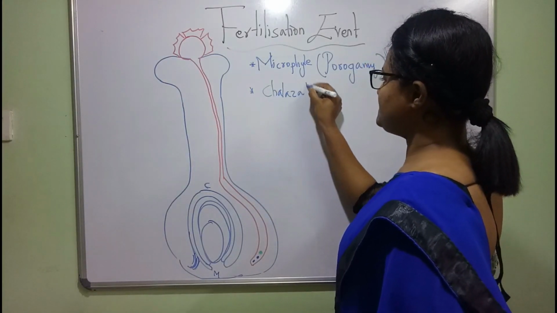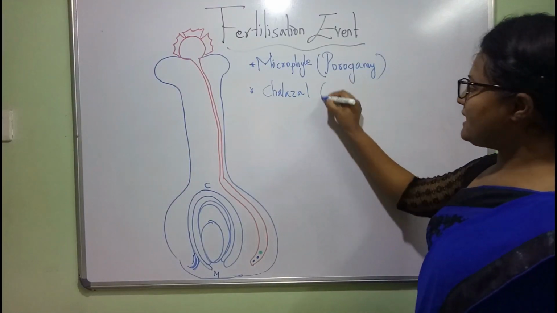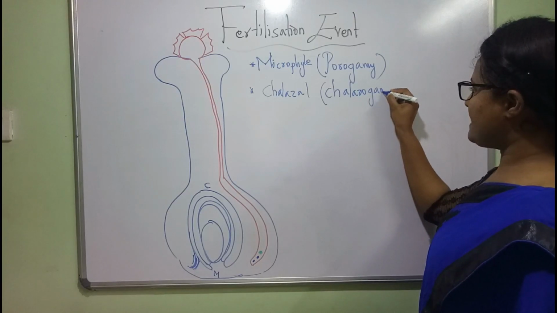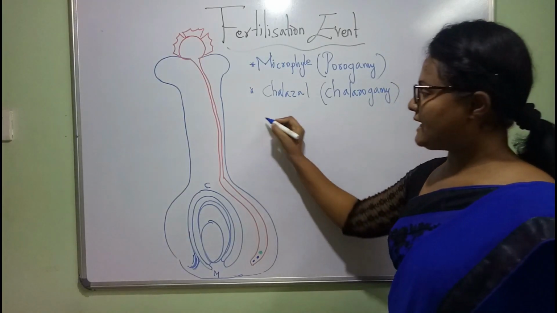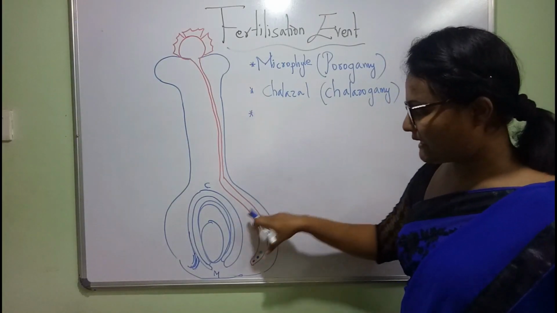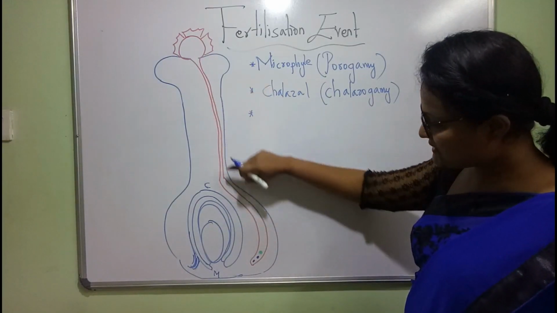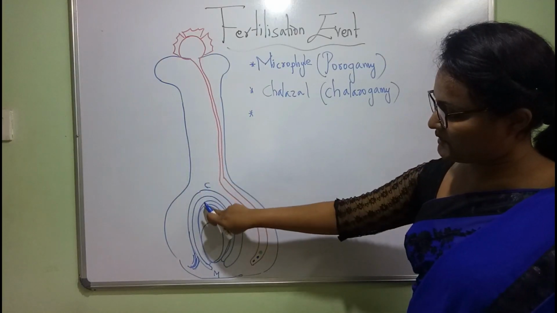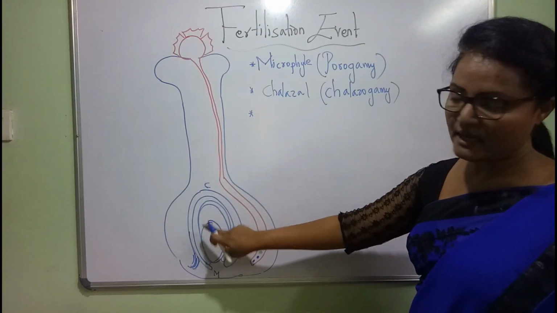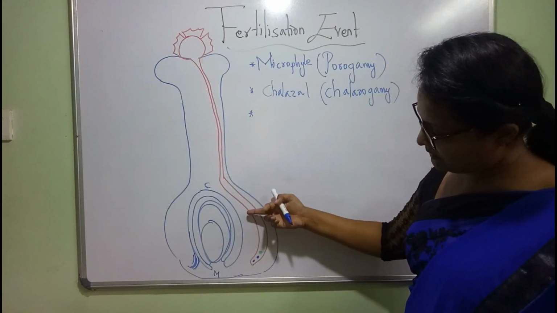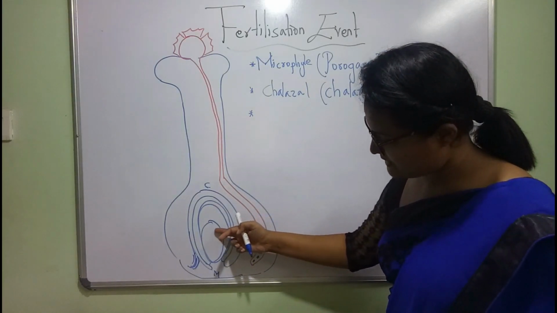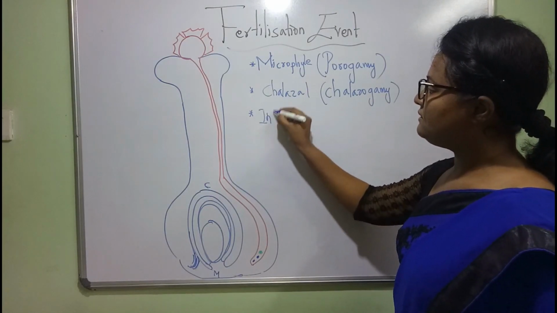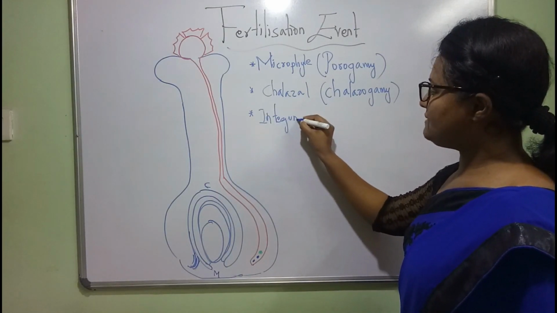If it is through the chalazal end, it is called chalazogamy, or sometimes through the integuments. See, this is now entry through the micropyle. Sometimes there will be entry through the chalaza. Next, sometimes they cross the integuments and enter like this, that is through the integument sometimes.